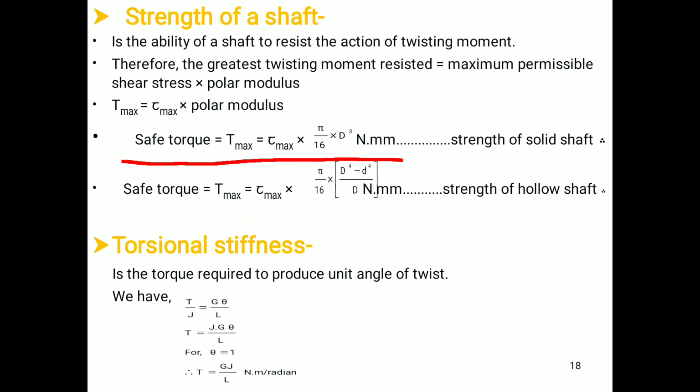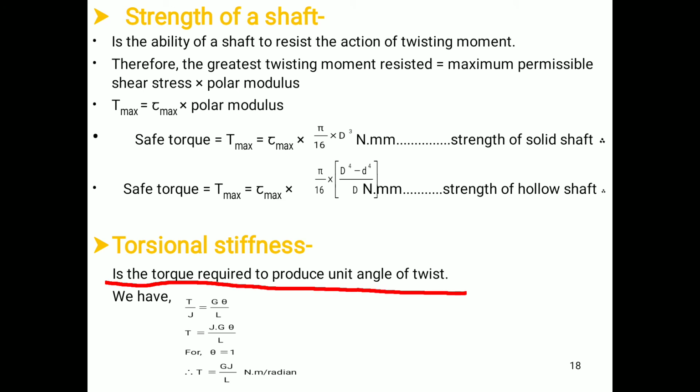Now we are going to discuss the next concept, that is torsional stiffness. So what is torsional stiffness? It is the torque required to produce the unit angle of twist. So remember that we are going to calculate the value of torque which will produce the unit angle of twist. So how to find out the torsional stiffness?